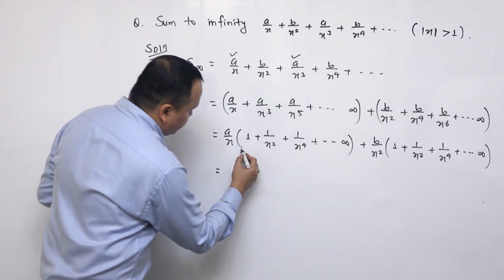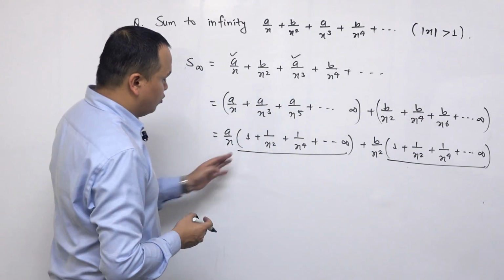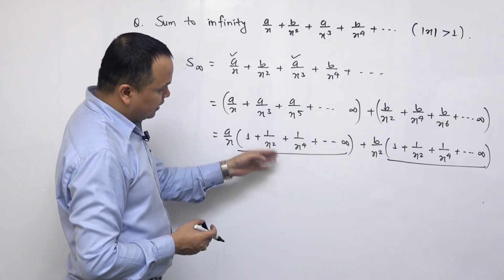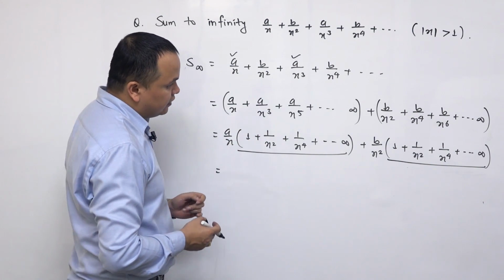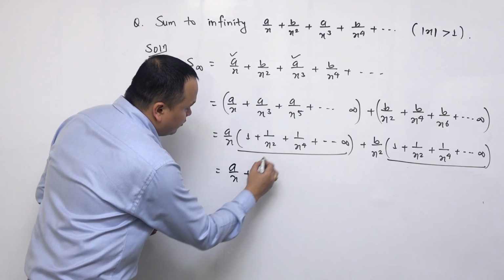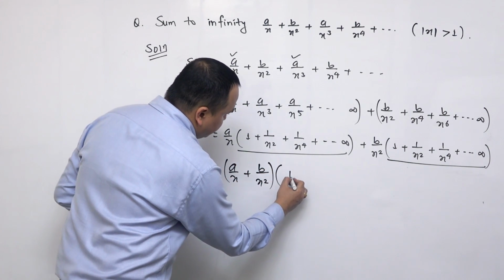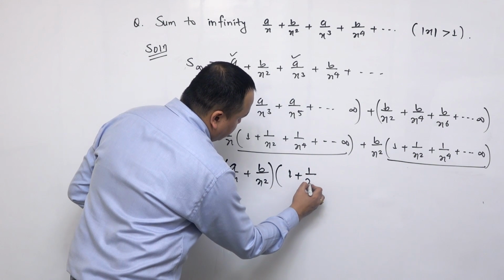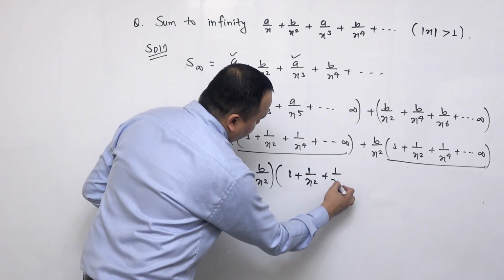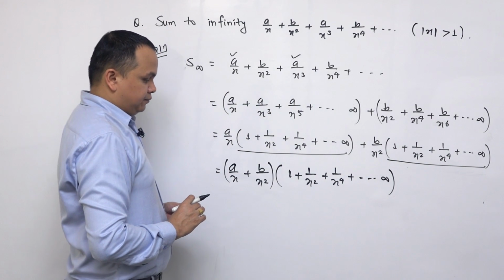Here 1 plus 1 upon x square plus 1 upon x to the power 4 plus dot dot dot to infinity is again common. Then we have a upon x plus b upon x square times 1 plus 1 upon x square plus 1 upon x to the power 4 plus dot dot dot to infinity.